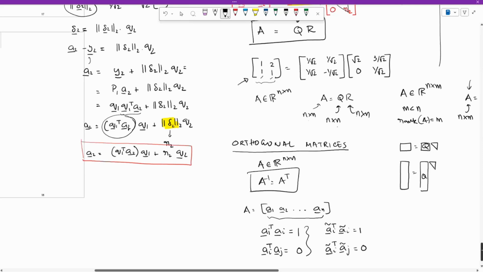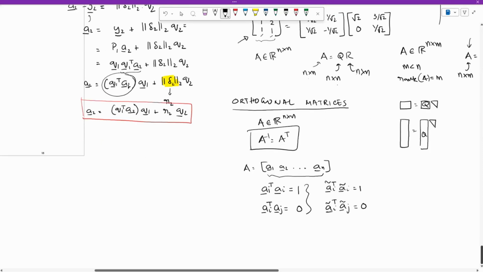You can extend this idea to tall matrices as well. If I remember correctly, I think the definition of orthogonal matrices is only for square matrices, but you could have tall matrices which satisfy at least the first property.